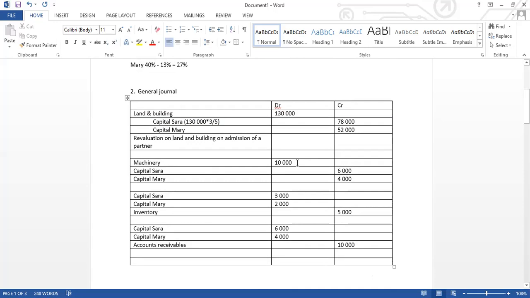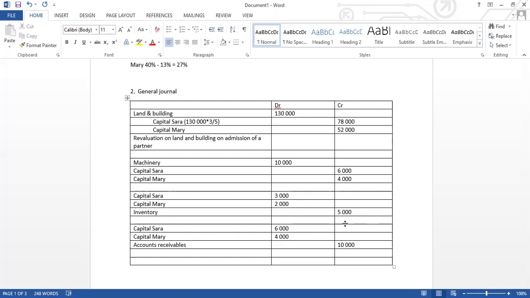So what is our total surplus? It's 140,000. And then we made a loss, or in other words, inventory lost value of 5,000, and accounts receivables also lost value of 10,000. So these are losses. So we now have to find our net revaluation surplus, or net loss on revaluation.